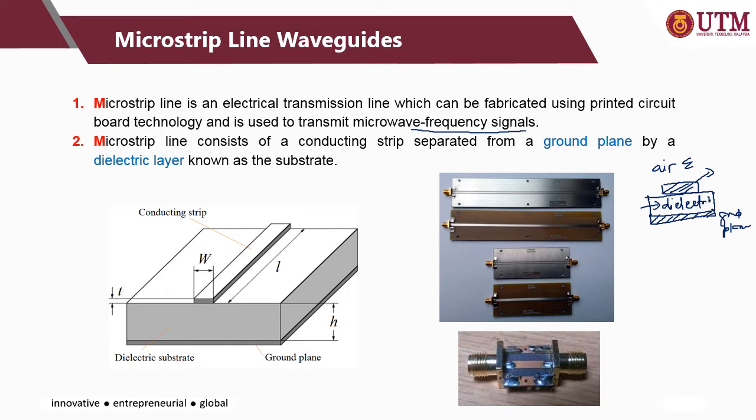For example, here the E field goes out from the structure through the material, the air or the substrate. So the signal travels across two or more different media, so it is called an inhomogeneous medium.